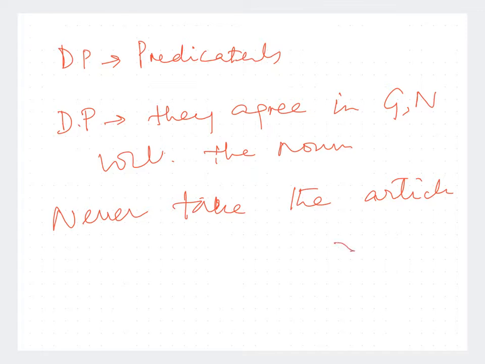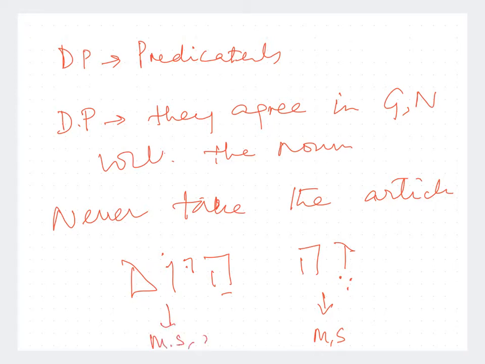A very simple example is Ze Hayom. So what is Ze exactly? Well, this is a masculine singular indefinite. This is a masculine singular definite.